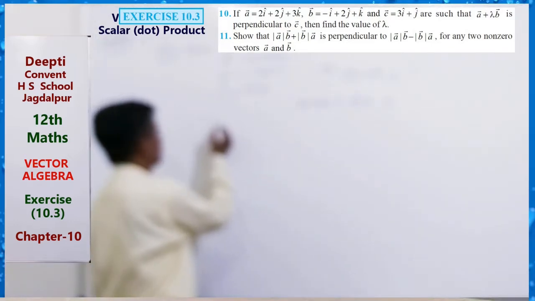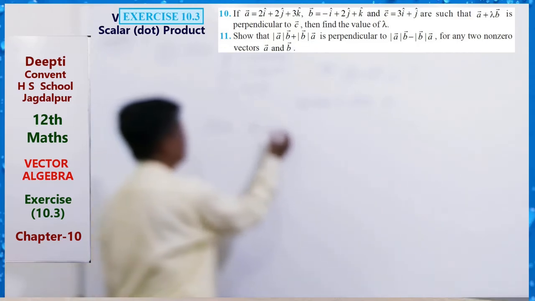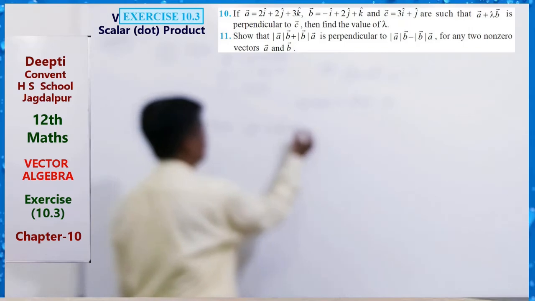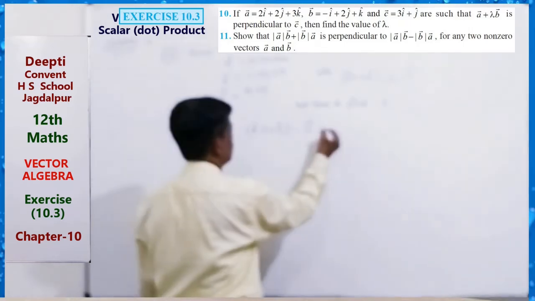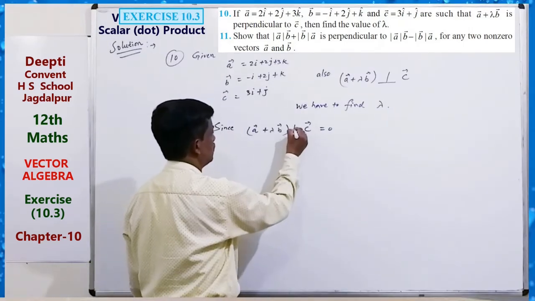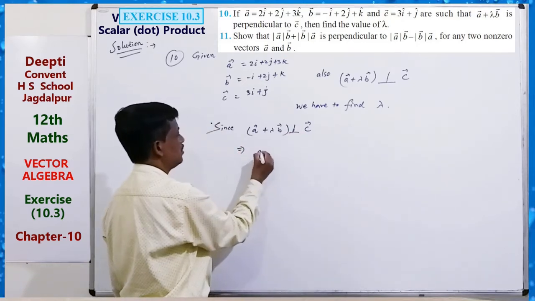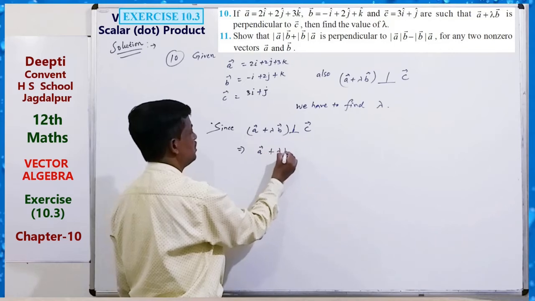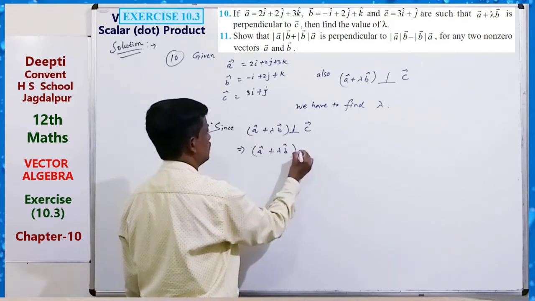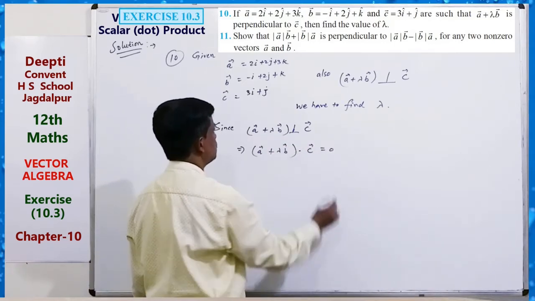Since A plus lambda B is perpendicular to C, this implies the dot product of A plus lambda B with C is equal to 0.